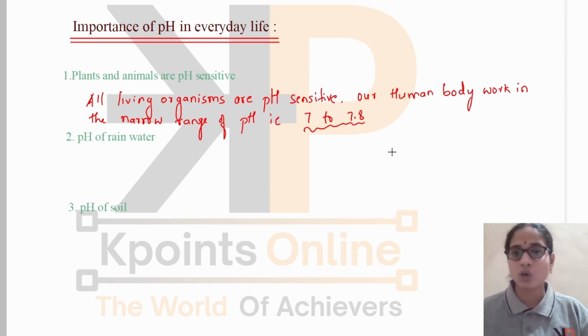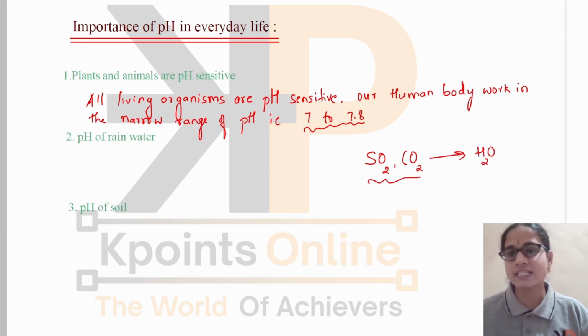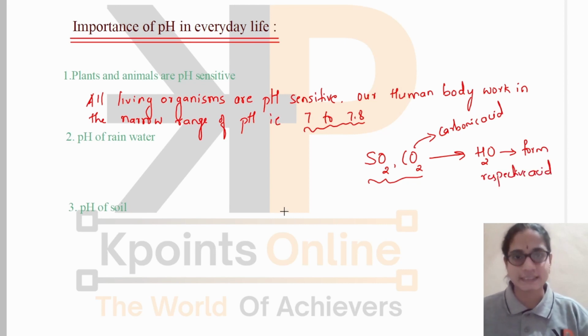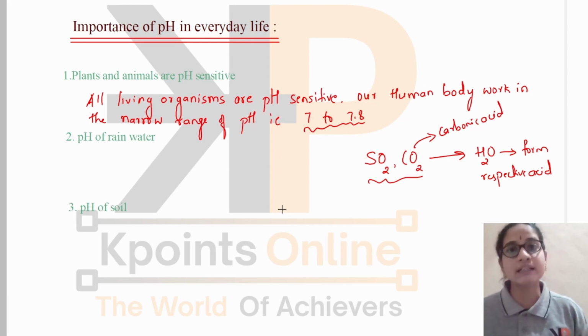Many non-metallic oxides like SO2 and CO2, when their concentration increases in air, dissolve in rainwater to form their respective acids. For example, carbon dioxide forms carbonic acid, and nitrogen dioxide may form nitric acid. This causes the rainwater to become acidic. The pH of the rainwater decreases.